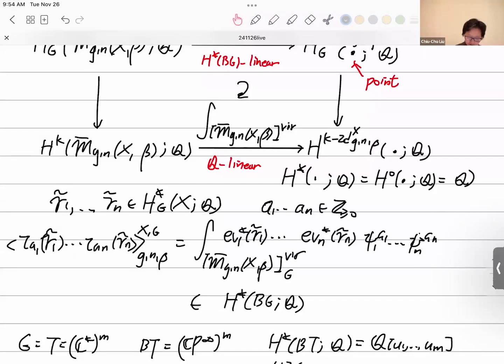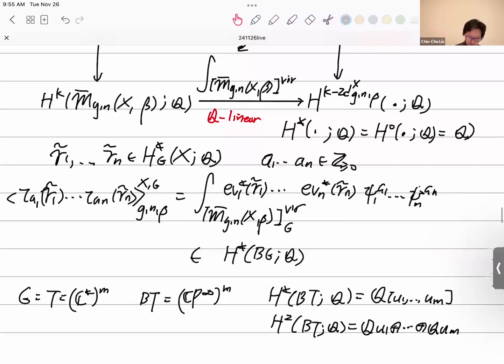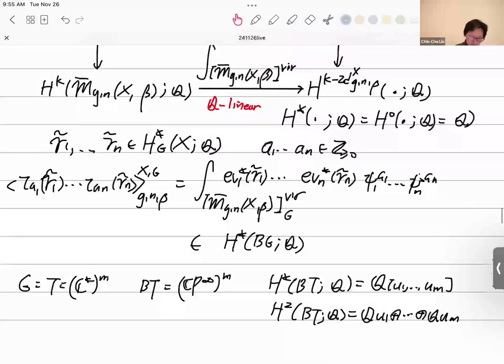We replace gamma i by G equivariant classes, psi are also now G equivariant cohomology classes, and we use the G equivariant virtual push forward to a point. We get an element in the G equivariant cohomology of a point, or equivalently the cohomology of the classifying space BG of G.